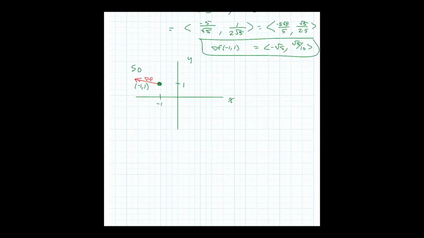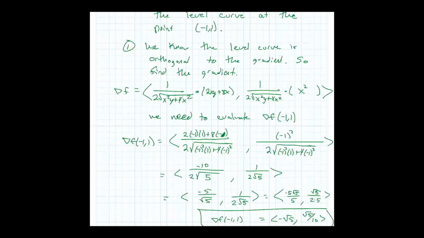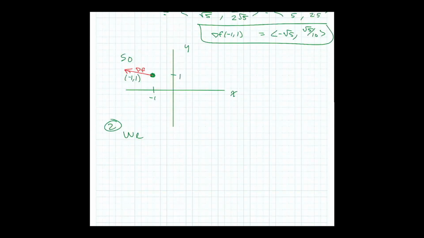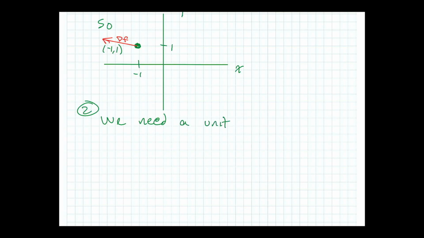Let us do two things. We need, did I number this? One, a unit vector, first of all, that is 90 degrees away from this gradient f that we just calculated.